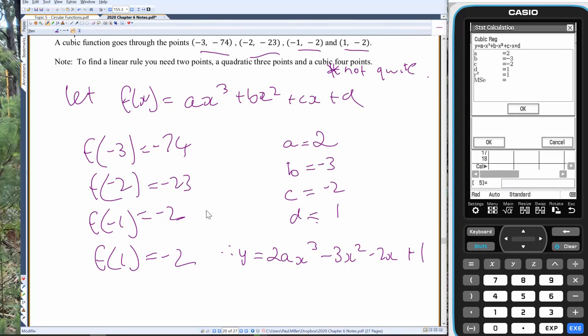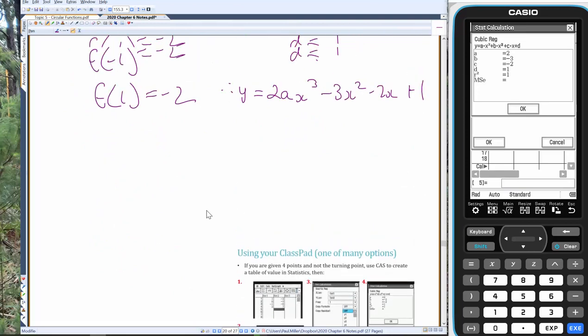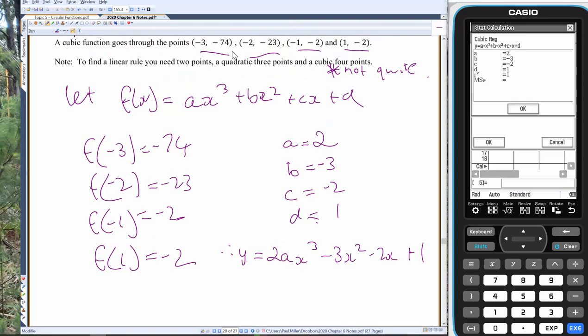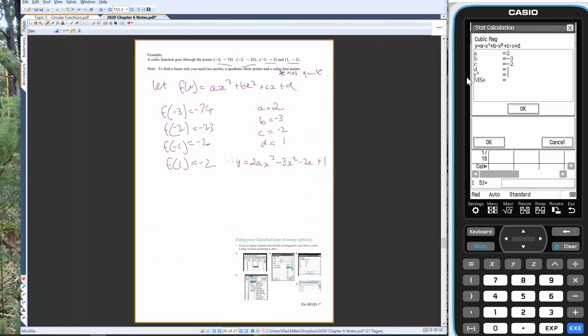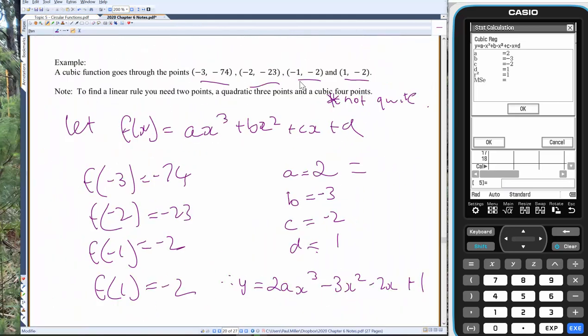Now, the statistics method is probably a little on the quicker side, but what I tend to find is, we put one of these on the Year 12 SAC last year, and the rule that came out had some clumsy fractions, like an a value of, instead of being 2, something ugly like 23 on 7.